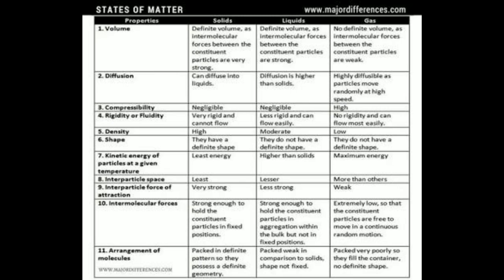Why? The reasons are the same: molecules are not tightly packed with each other, and the force of attraction is less. Due to this reason, they occupy the space of the container. So we can say that they do not have a definite shape. Gases also are the same, they do not have a definite shape.